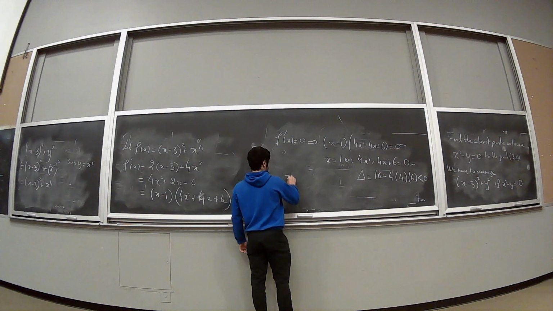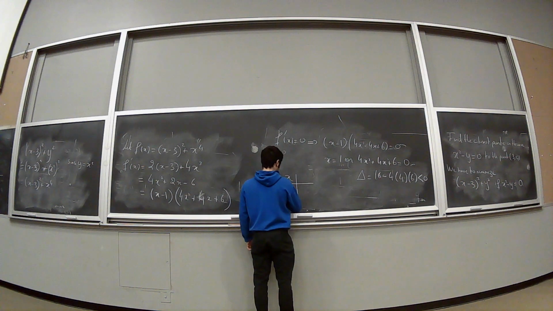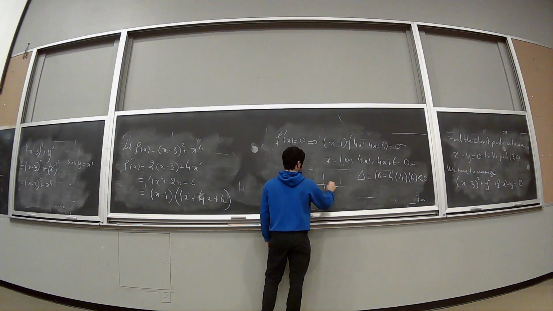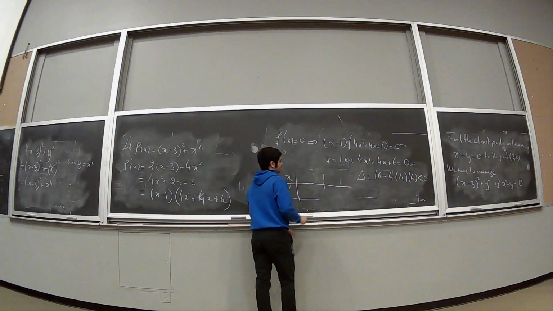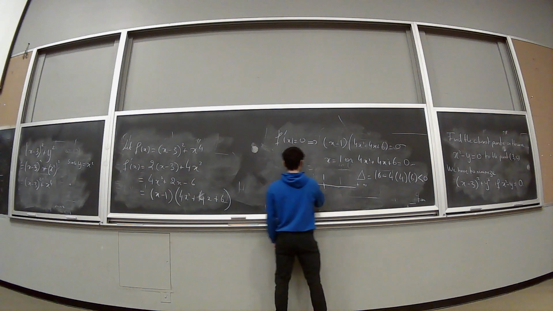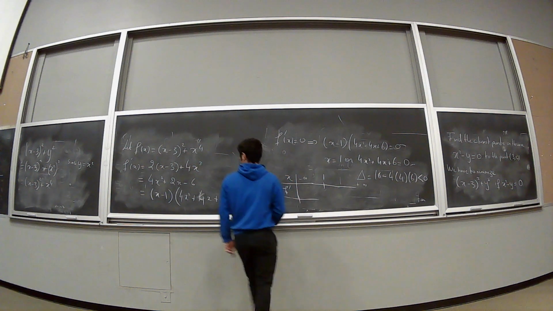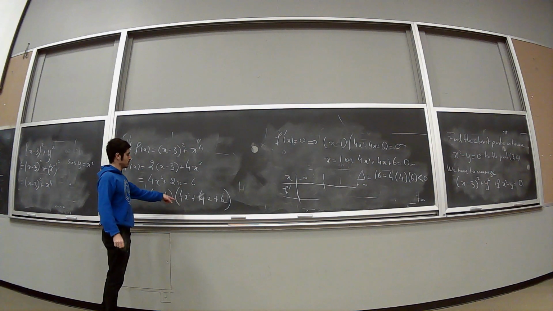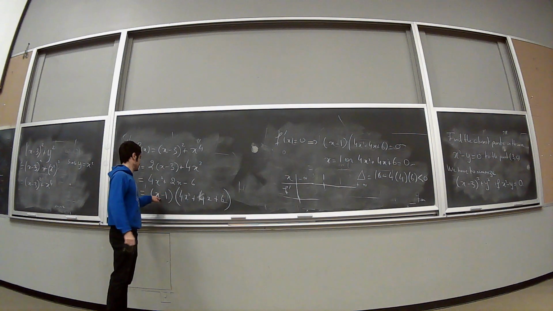Great. So here what I'm going to do, I can do my first derivative chart. F is a polynomial, so it's defined everywhere. The only critical number is 1. Let's look at this. Plug in a number strictly less than 1. Plug in 0. This is positive, and this is negative.